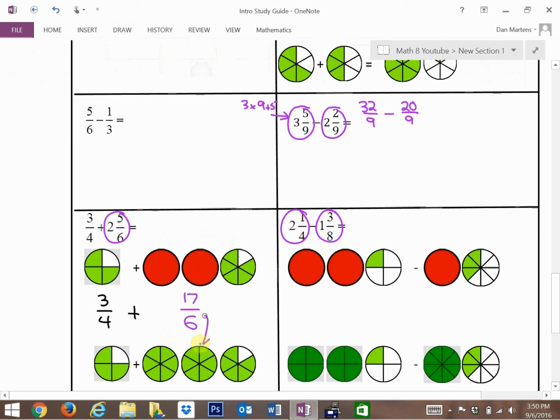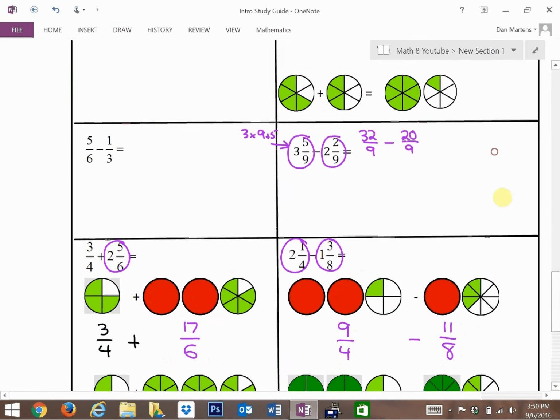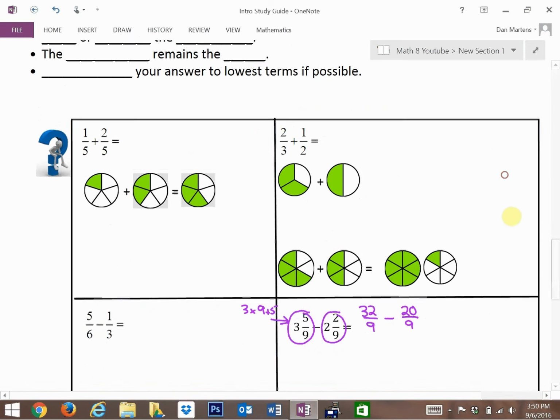As you can see below here, there's 6, 12, and 17 sixths. The next problem, we're going to convert 2 and 1/4 into all quarters, and you can see there's 9 quarters there. And we're going to convert 1 and 3/8 into 11/8. So the first thing I suggest doing is, if you see any mixed numbers, convert them into improper fractions. It'll just make this process easier.